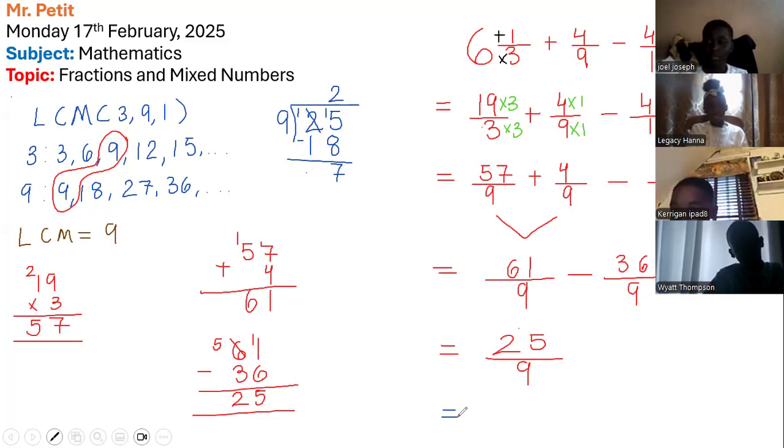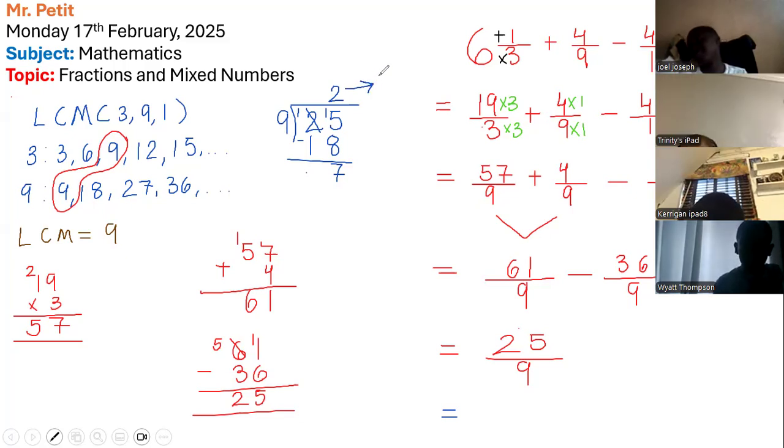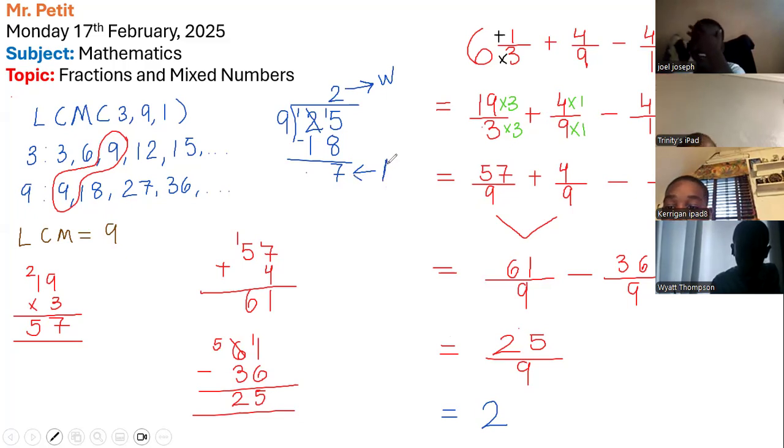Very good. So what is the whole number? The whole number is 2. What is the numerator? 7.